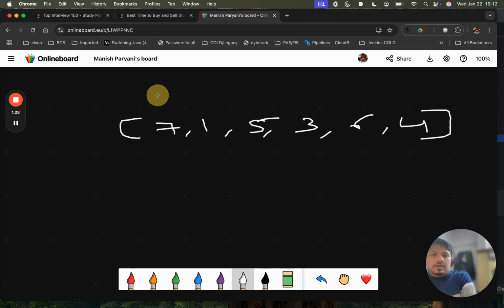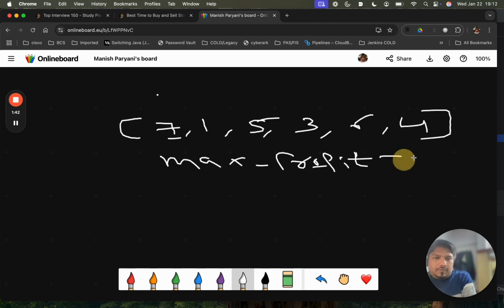But if you buy and sell on the same day, we will not make any profit, right? If you buy at 7 rupees and in the evening sell at 7 rupees, you will not make any profit. So max profit will always be zero in that scenario. So what we can do is use a greedy algorithm here. We will buy and then sell, buy and then sell, buy and then sell. That way we will do.